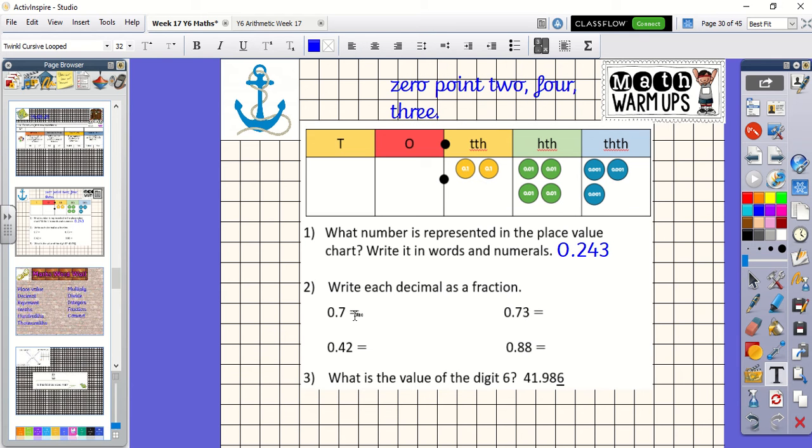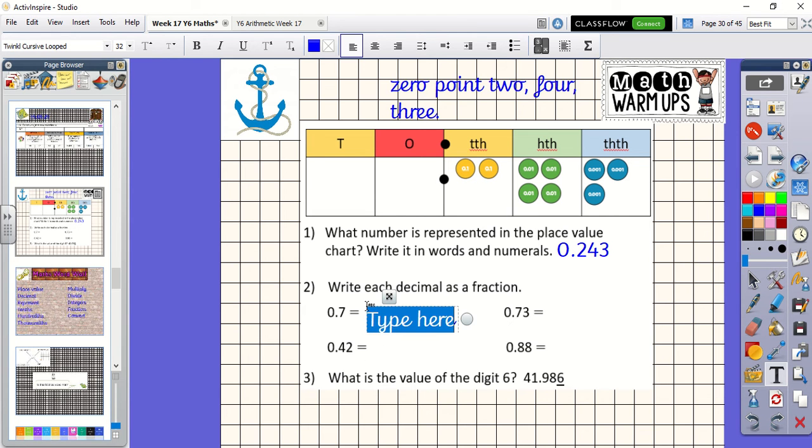Okay. Now here we've got write each decimal as a fraction. So 0.7, 0.42, 0.73 and 0.88. So you should remember that if there is only one place after the decimal point, then the denominator is 10, and if there are 2 places after the decimal point, then the denominator is 100.